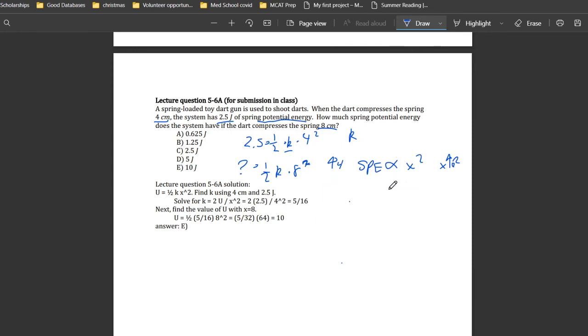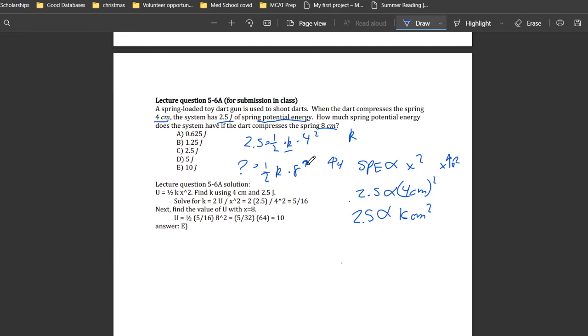So with this in mind, we know that 2.5 is proportional to a distance compressed of 4 centimeters. So 4 centimeters squared would be 16 centimeters squared. So 2.5 is proportional to 16 cm squared.